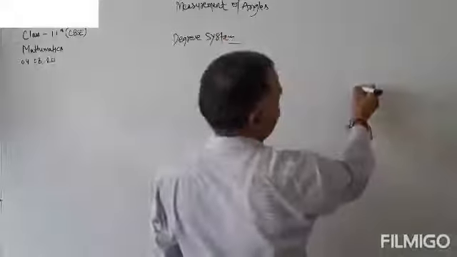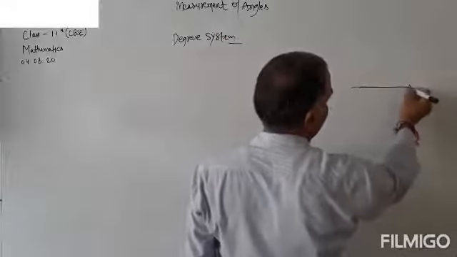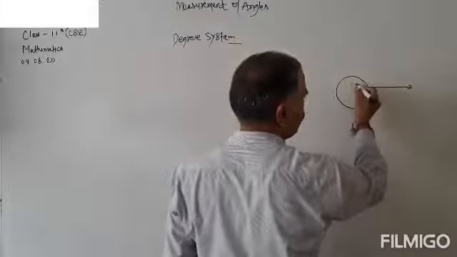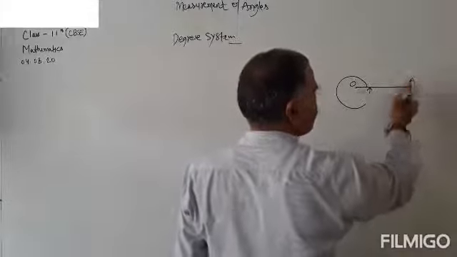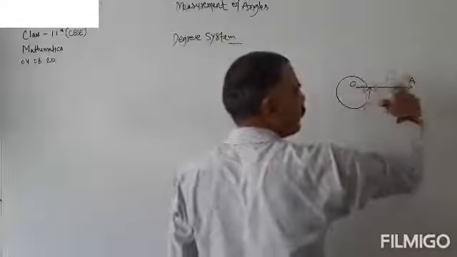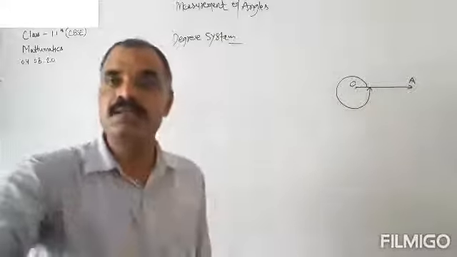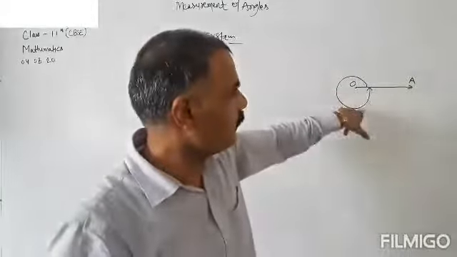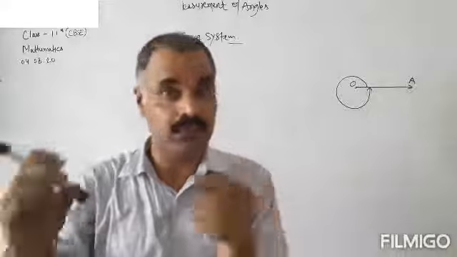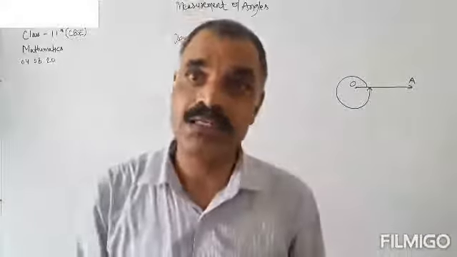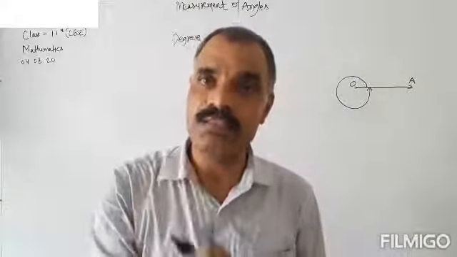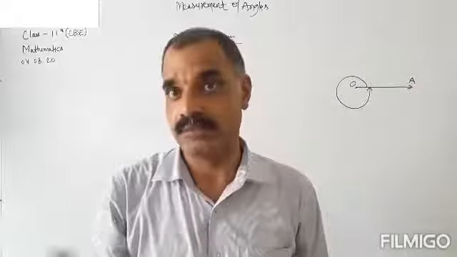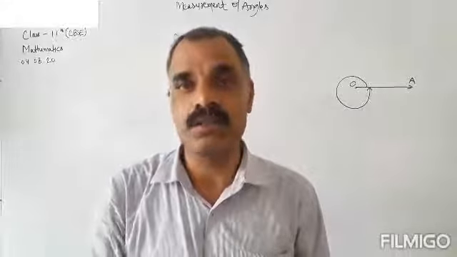If the complete rotation of any ray, meaning when a ray starts from OA and then terminates at OA, that is a complete rotation of any ray. If the complete rotation of any ray is divided into 360 equal parts, then one of the parts is said to be 1 degree.